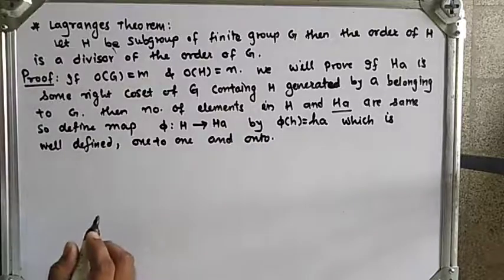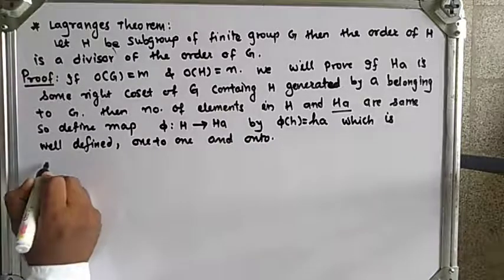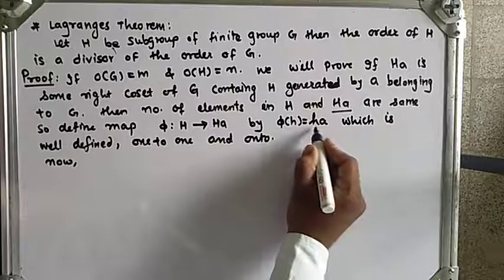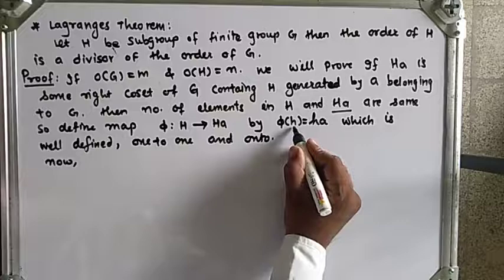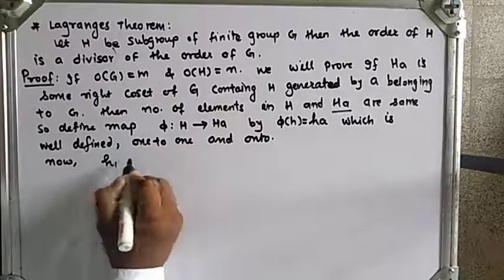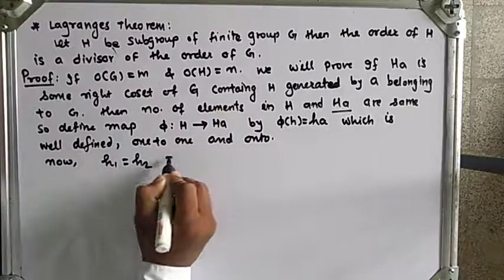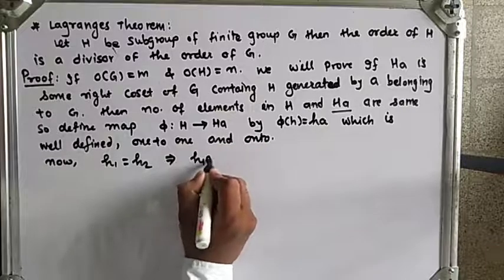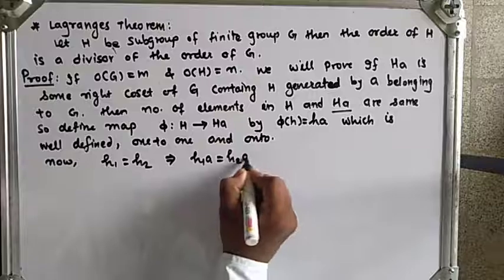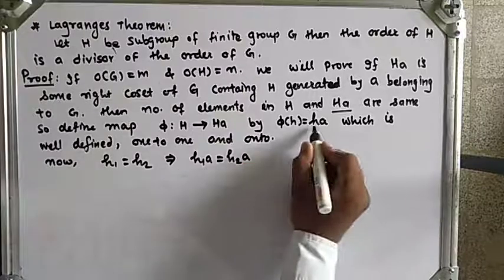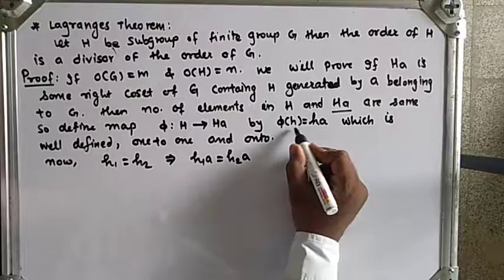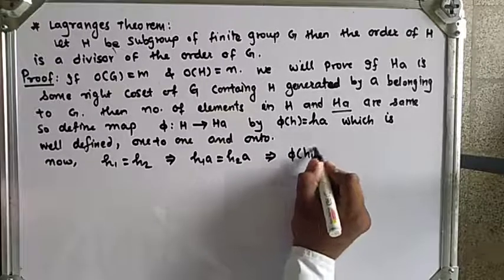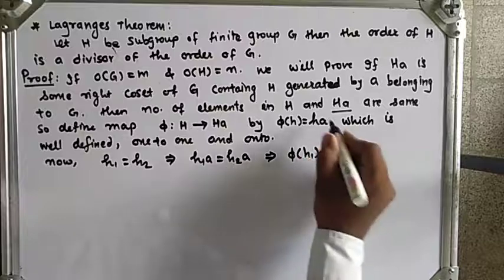So first, to show it is well defined, I will take two values from H. If h1 is equal to h2, then I will multiply both sides by a. Then what will we get? h1·a is equal to h2·a. So replace this by h1·a, we will get phi of h1 is equal to h2·a, which means what?